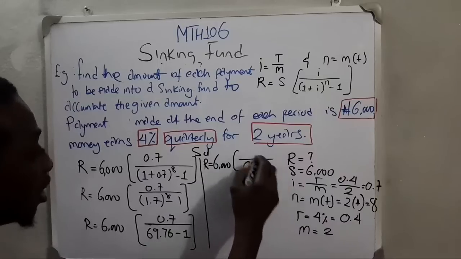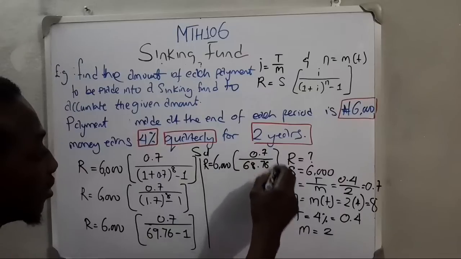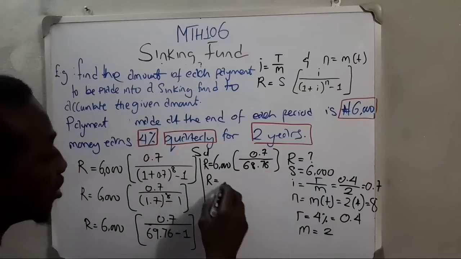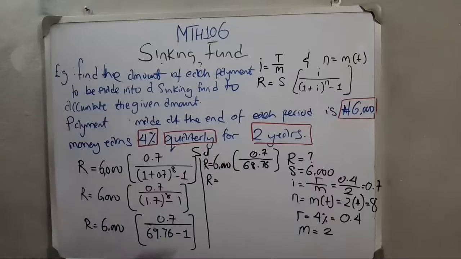I have 0.7. So R equals, we divide these two, that's 0.7 divided by 68.76.